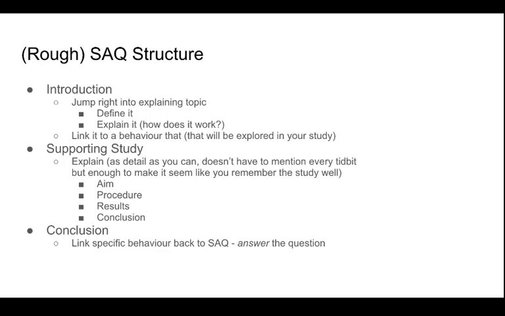You don't have to do that. Just make sure it's detailed enough for people to clearly understand what's going on in the experiment. And then after that, we have the conclusion, where you specifically link the behavior in the study back to the topic to answer the question.